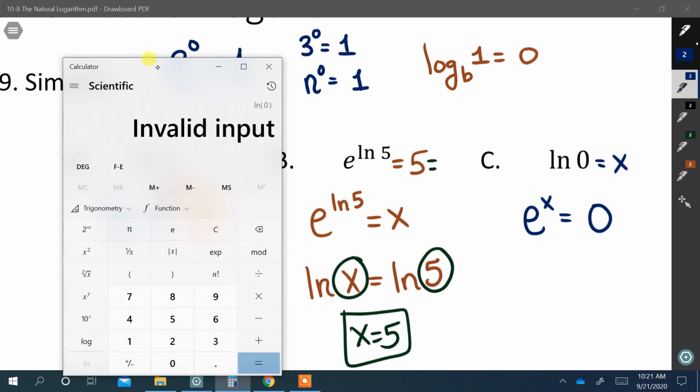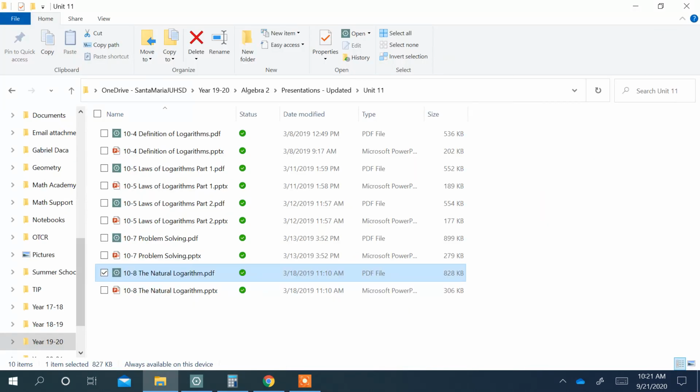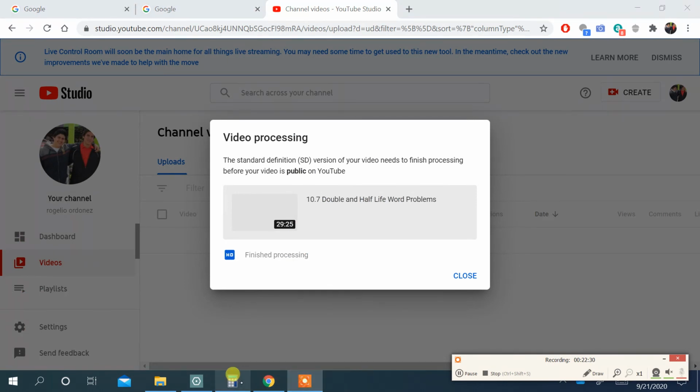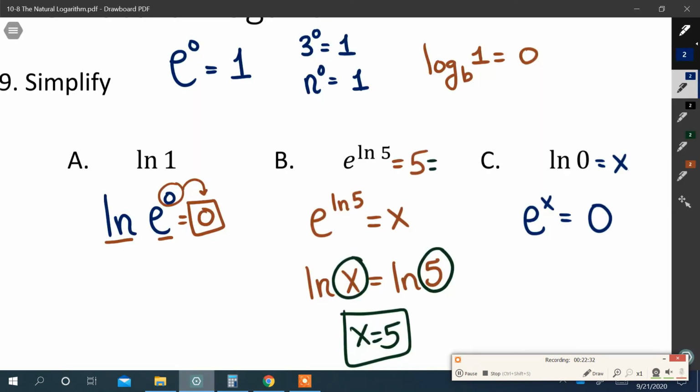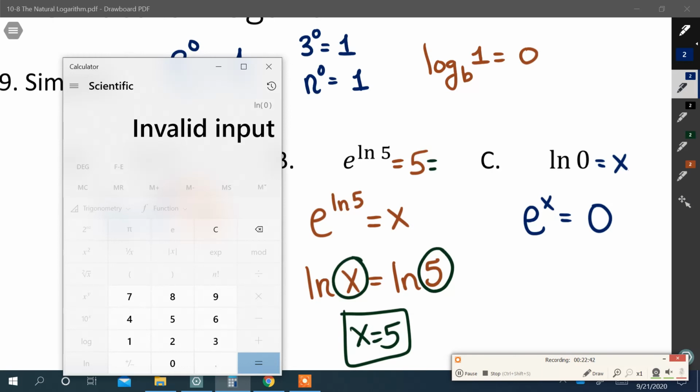If I try to take the natural log of 0, so I'm going to press 0 and try to find the natural log, it's going to say that it's an invalid input.